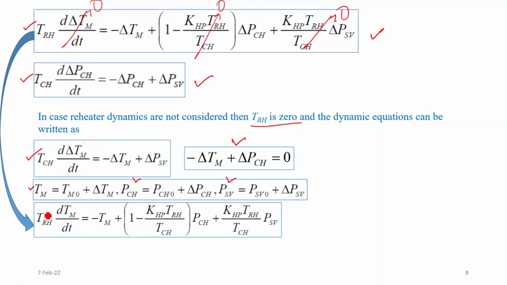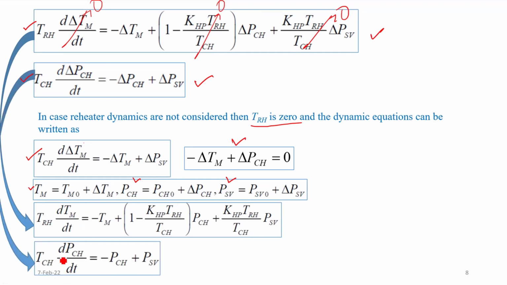Now substituting this, I can write these two equations in terms of actual parameters. TRH d/dt of Tm equal to minus Tm plus (1 minus KHP) TRH by TCH into PCH plus KHP into TRH by TCH into PSV. Now the second equation will become TCH d/dt of PCH equal to minus PCH plus PSV.